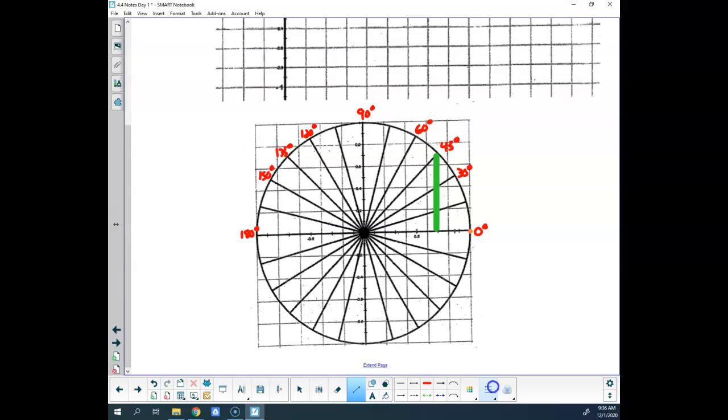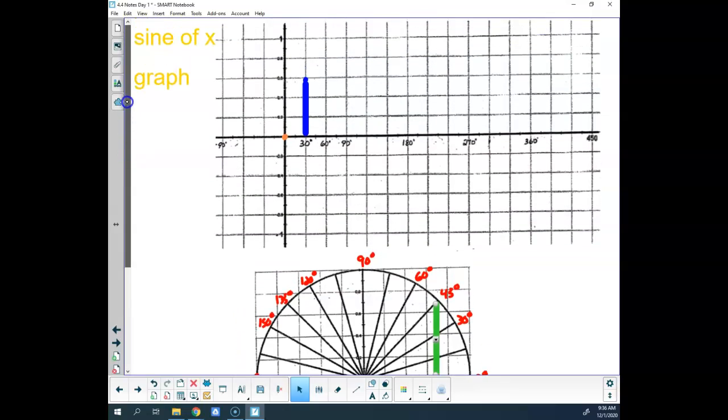So you got to do another measure at 45, and then you're going to bring that one up here, and 45 is going to be halfway between 30 and 60, so you're going to put your mark there.